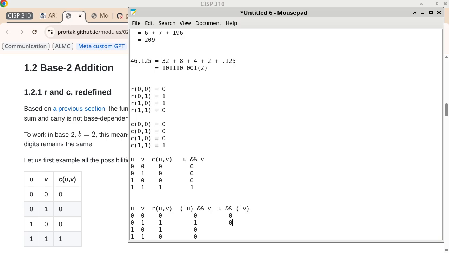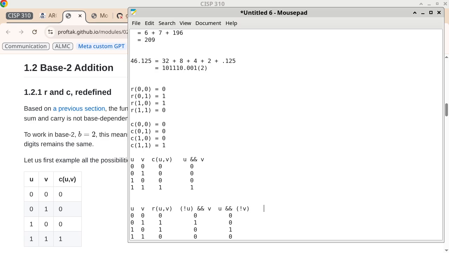Because when u is a 0, the conjunction is going to be a 0 in this column. This is the time when it is a 1, because u is a 1, v is a 0, but not v is going to be a 1, so we end up with 1 and 1, and this is also going to be a 0.